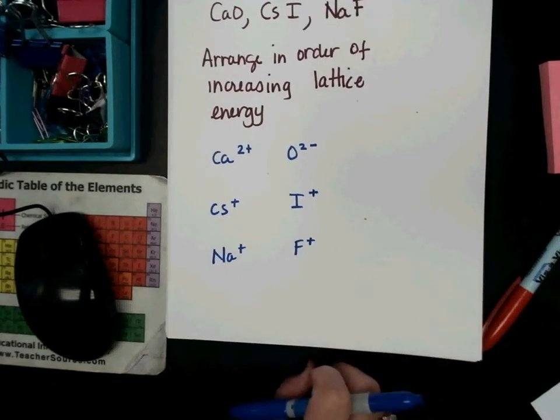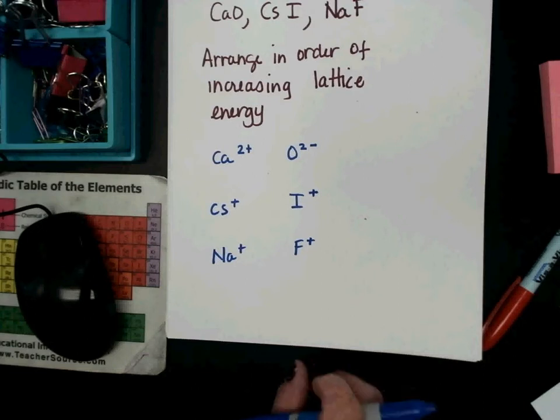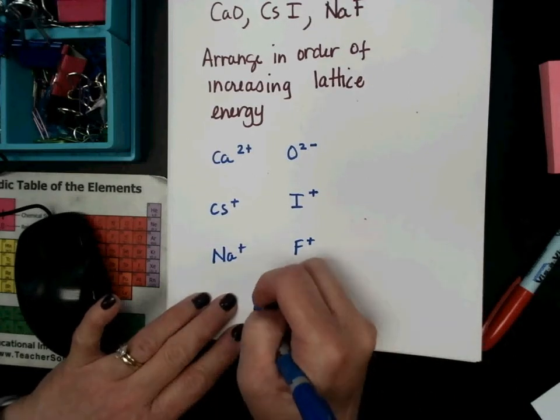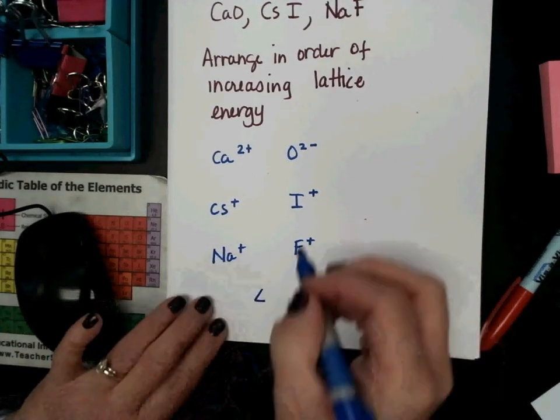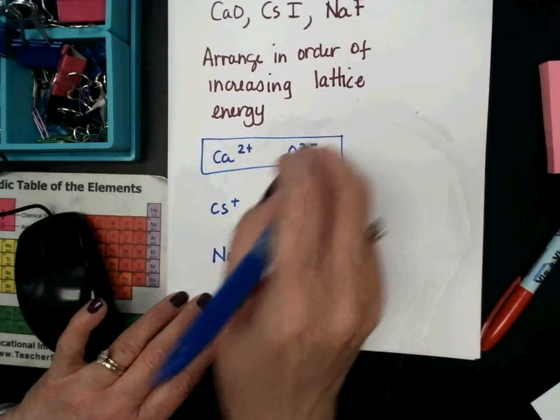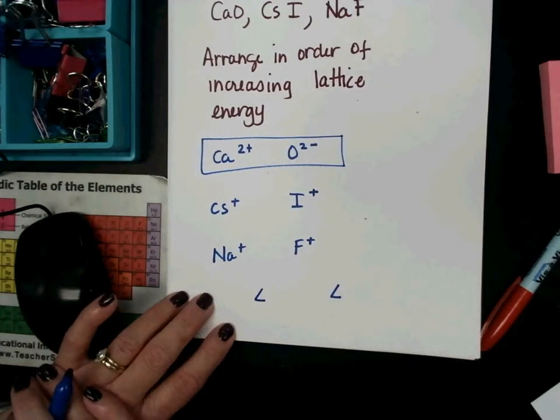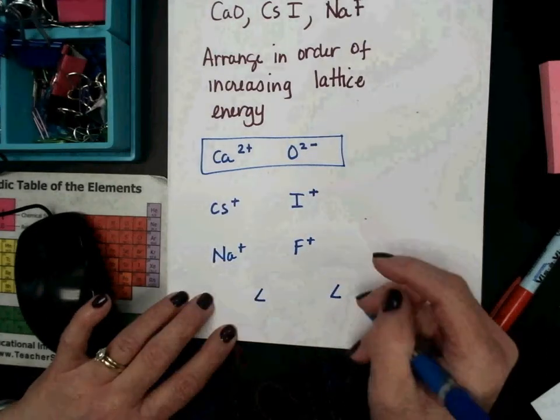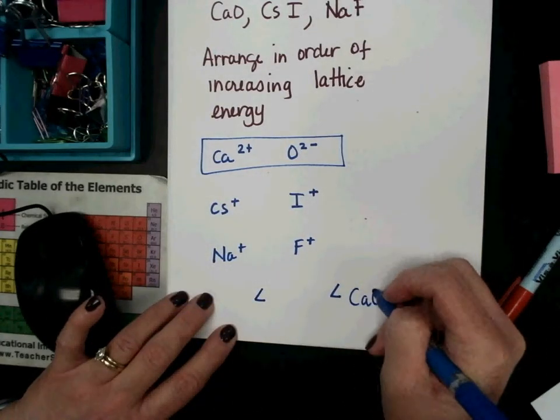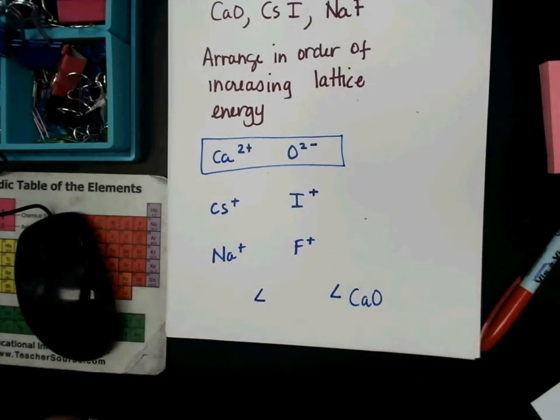The larger the charge, the greater the lattice energy. So I know, if I put my less than arrows in, I know right away I should be able to pick out that my calcium oxide is going to be having the greatest lattice energy because it has the greatest charge. So I'm going to put those guys down here on the end.